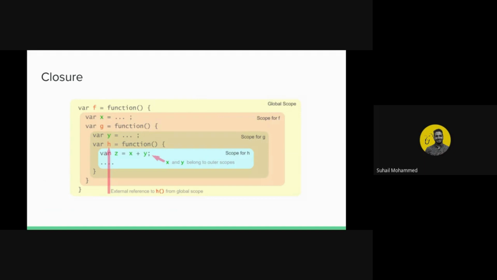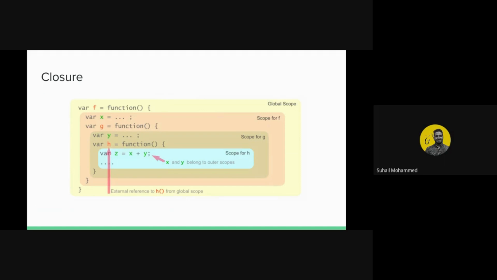And we have the closure. So here you can see there are three functions. G and H are nested. The function H has references to variables X and Y, which belong to the outer functions.